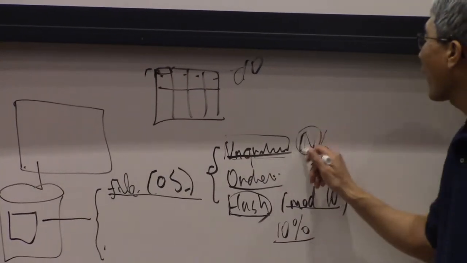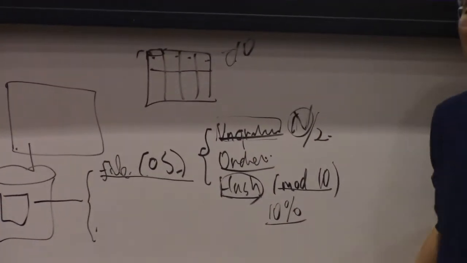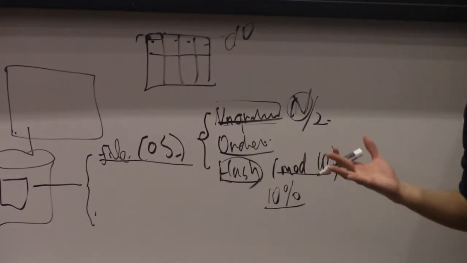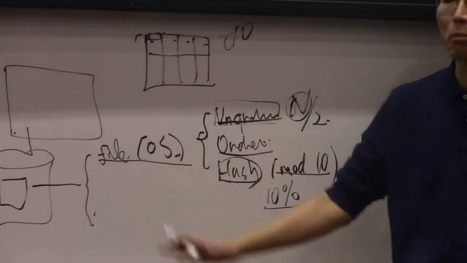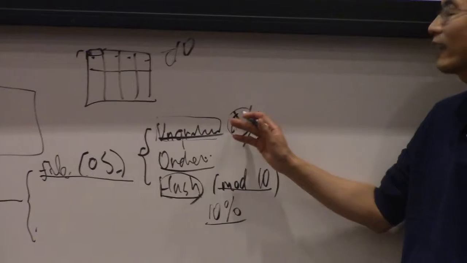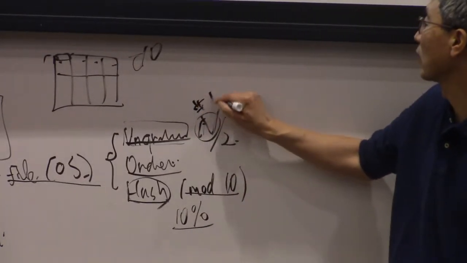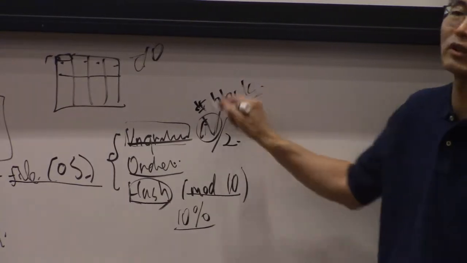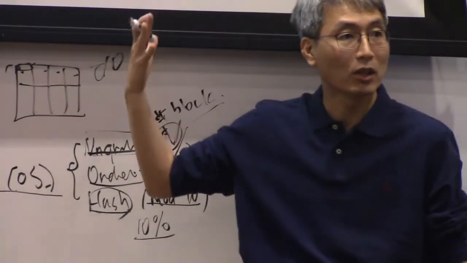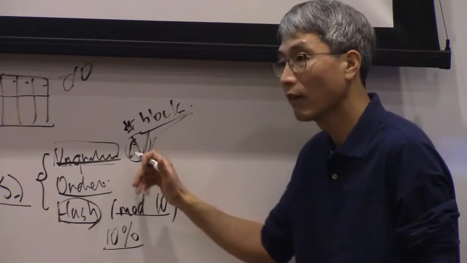So when you calculate the complexity of the database, it's not actually the number of entries, it's the number of blocks. So especially in our database system, we will use the number of blocks for the n.